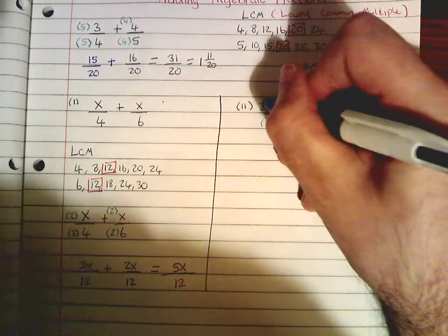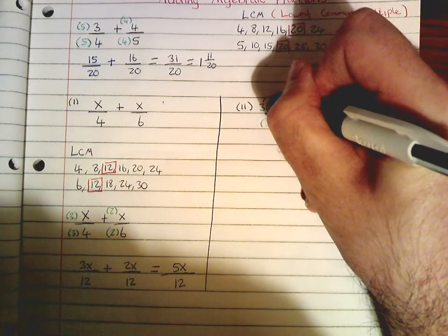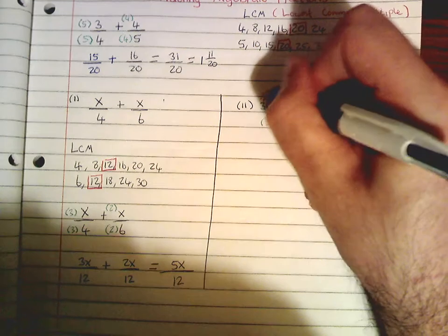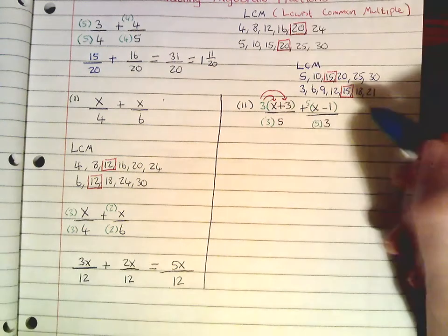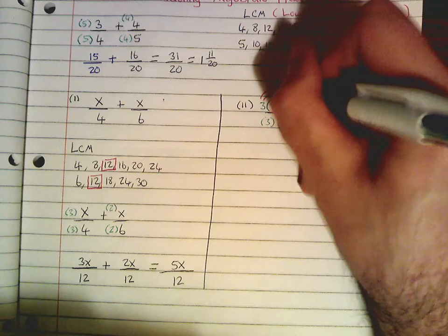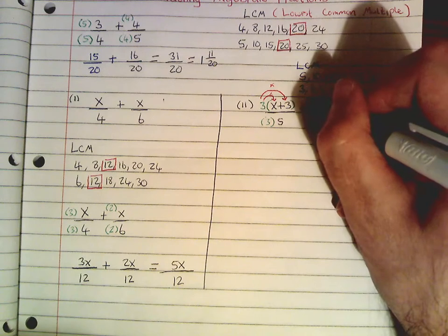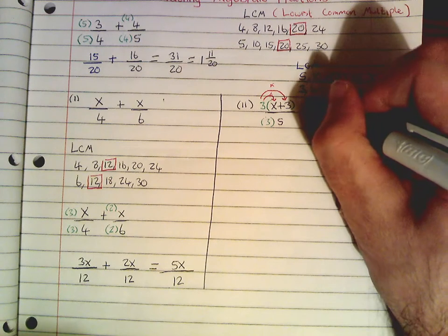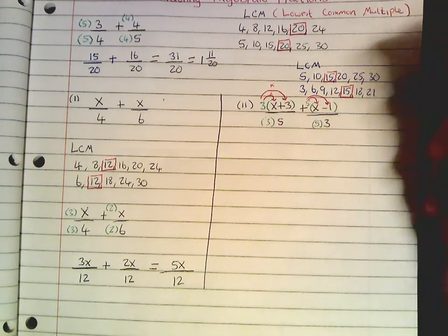So it's going to be 3 multiplied by x and then 3 multiplied by 3. Here you're going to have 5 by that, and also 5 by that.